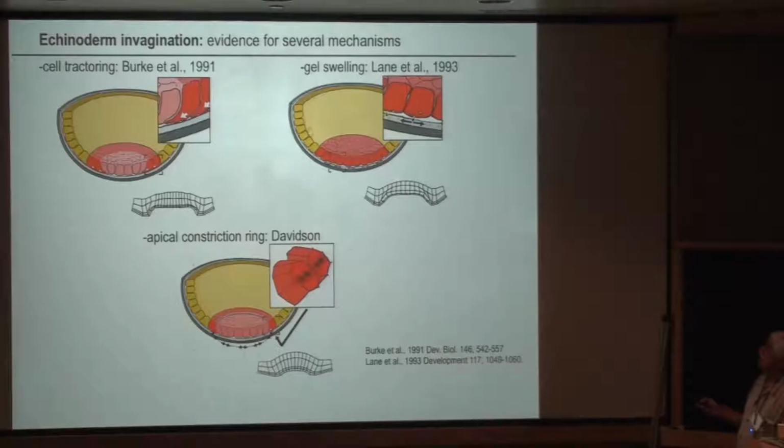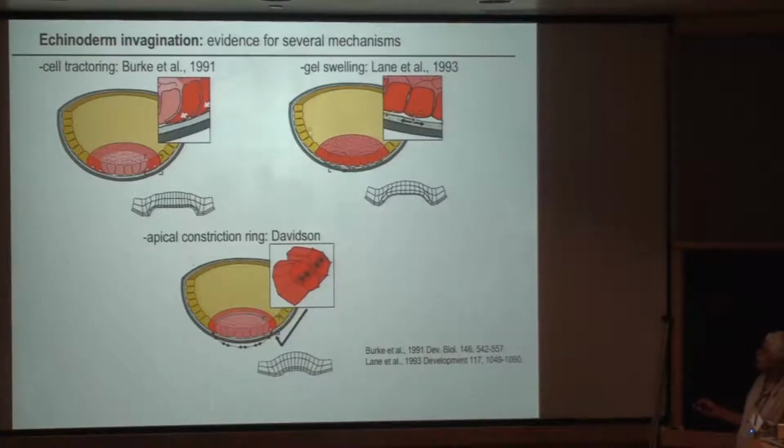Gel swelling. This one is one that actually works. Connie Lane, back in my lab at Berkeley with Fred Wilt, showed that this actually works. What happens is she found that there's a proteoglycan made by these cells, and it's secreted into the inner layer of this matrix. And it swells, and it bends the sheet.